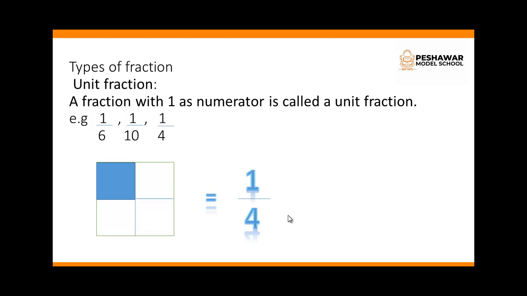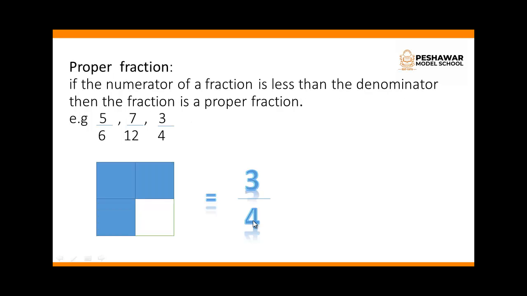And the part which I select is 1. We write it in the numerator. According to the definition, a fraction with 1 as numerator is known as a unit fraction. Here 1 over 4 is a unit fraction.